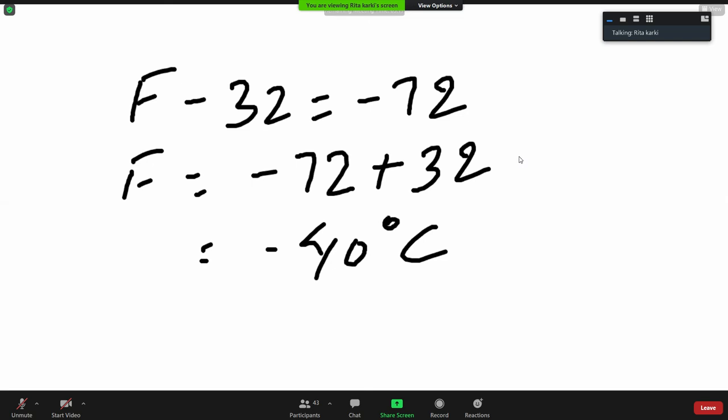Clear? Now can you do other conversions as well? Yes, you can easily do this. This particular chapter is also finished. We have already studied the thermometer yesterday. Yes or no?